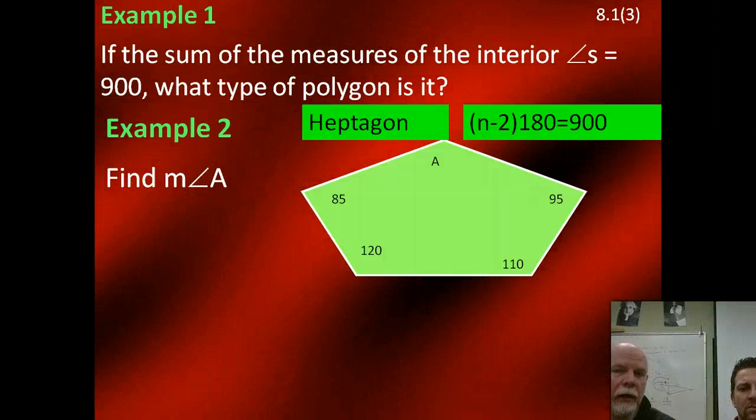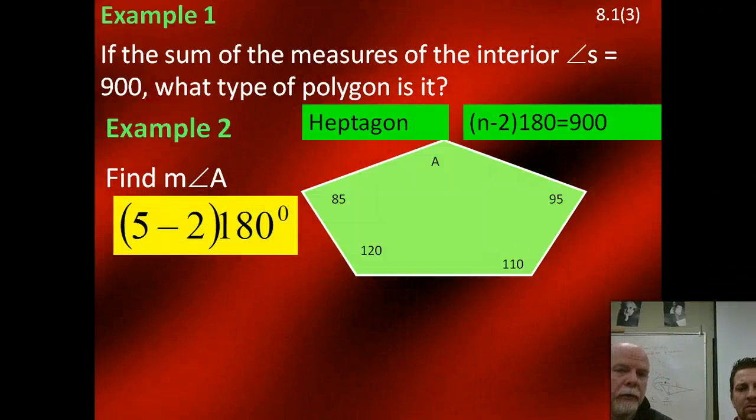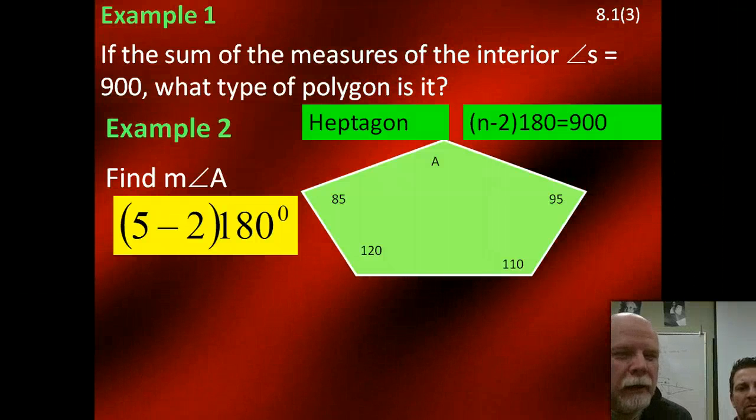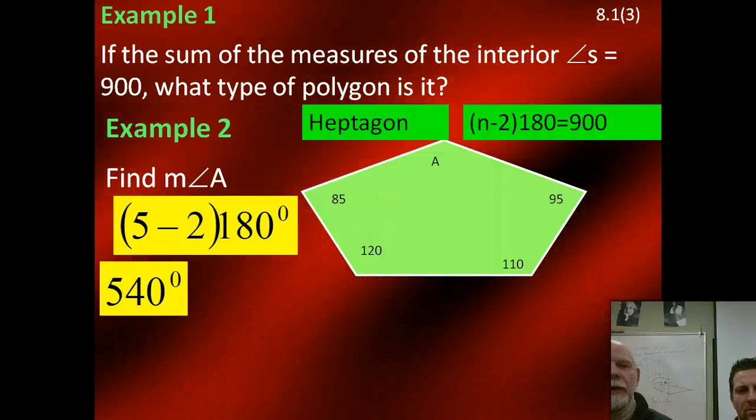We figure out what all the angles inside a pentagon add up to, which we already did as an example: 5 minus 2, remember, times 180. That's 3 times 180, which gives us 540 degrees for a pentagon. So in this pentagon, they all add up to 540 degrees, and we know 4 of them.